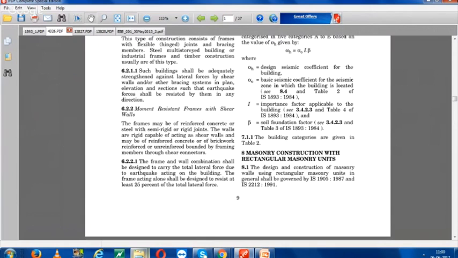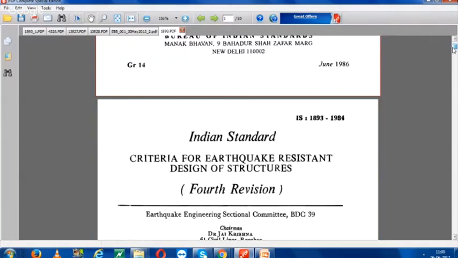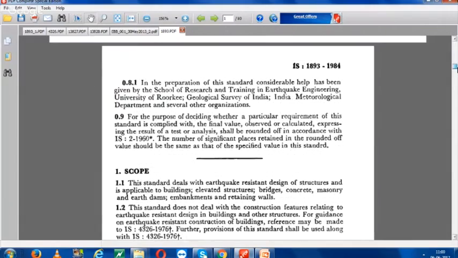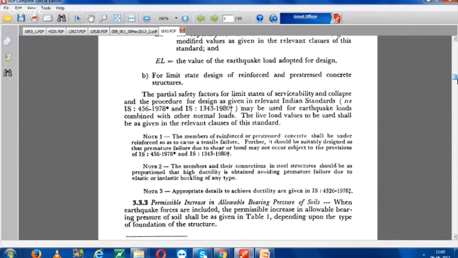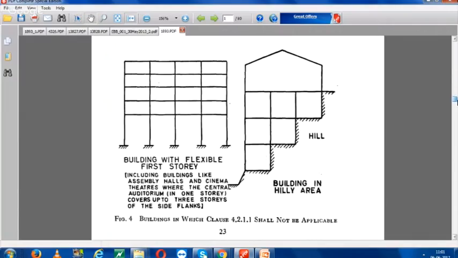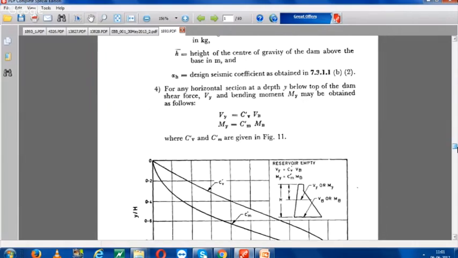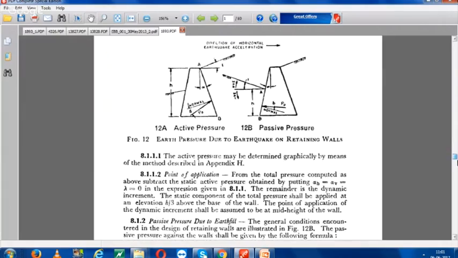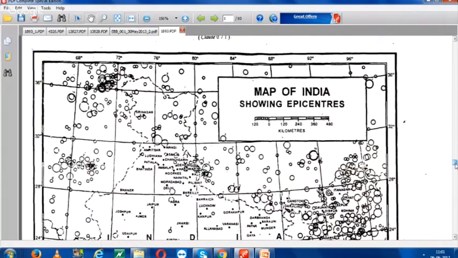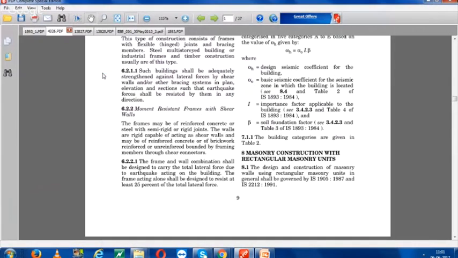It is also given to you here. See section 8.4 table 2.